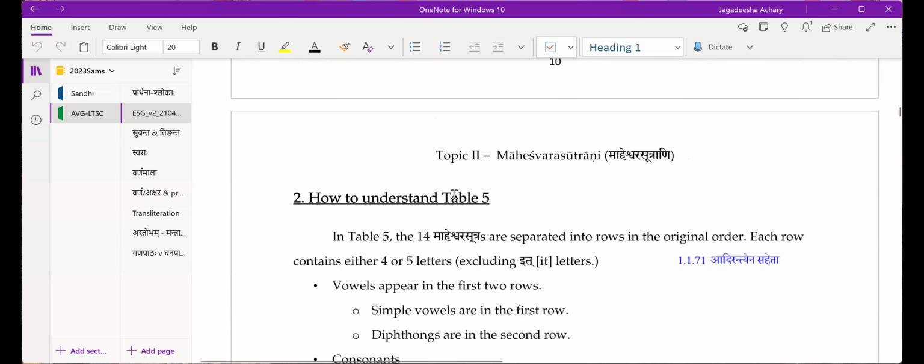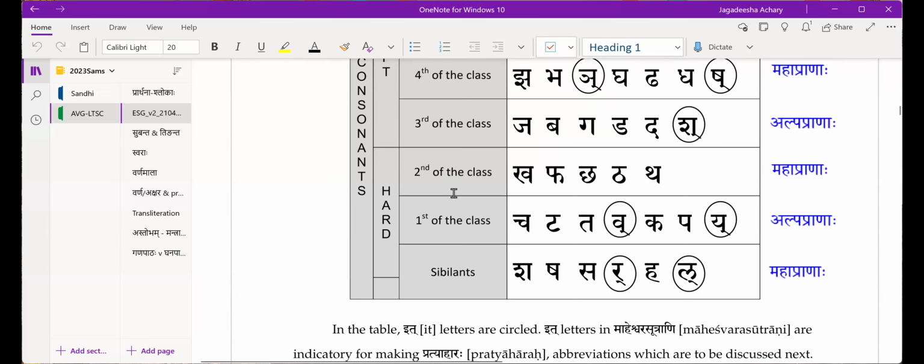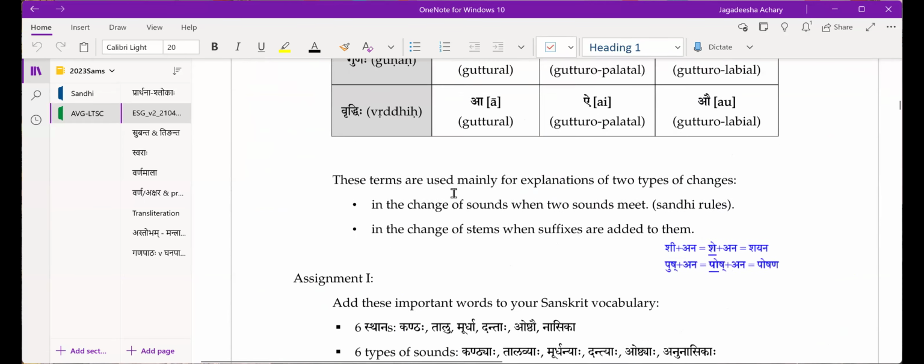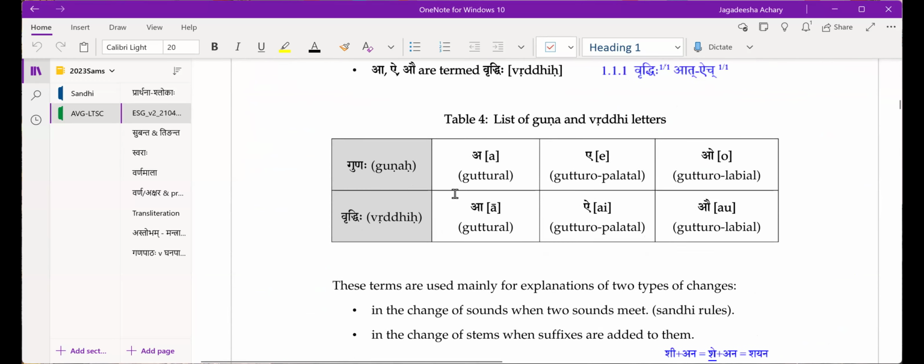Okay. Thank you. Where is that Guna Vriddhi? Which page is it? Okay, yeah, here. There are sutras, but we are not getting into the sutras yet.